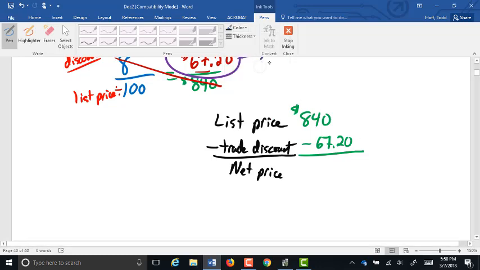Which, as we subtract, we're going to get $772.80, I believe, is our net price.